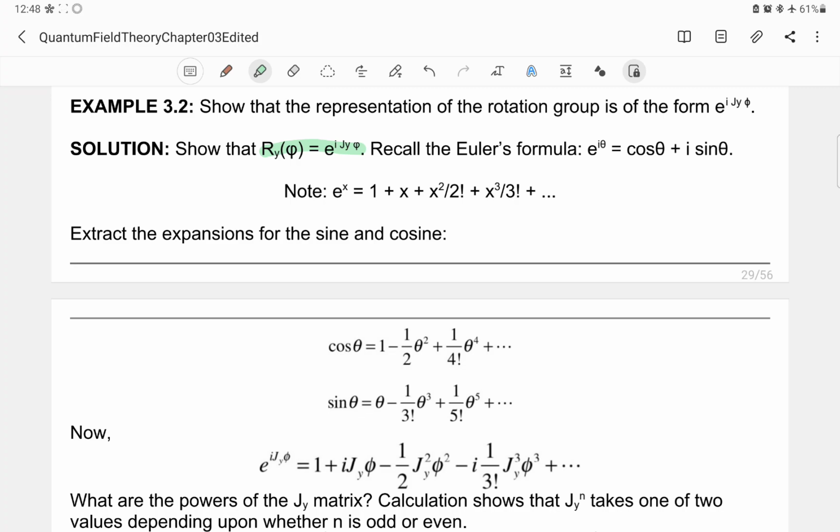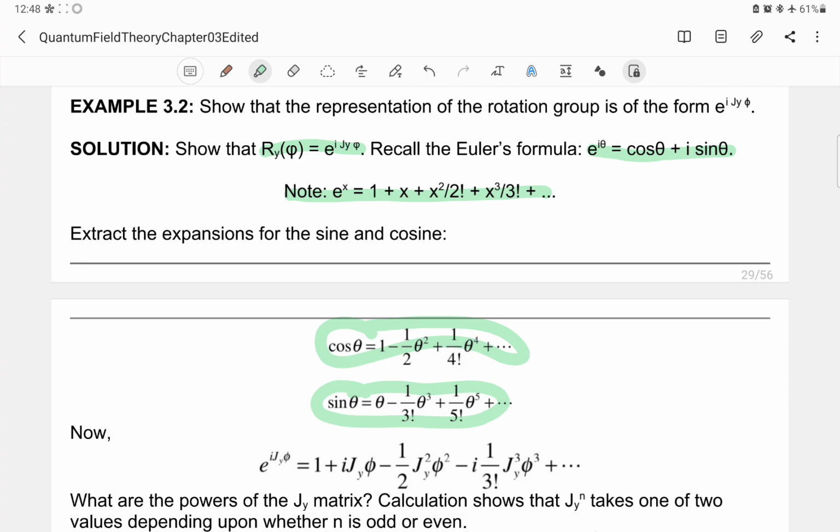So recalling that exponential of i theta is cosine theta plus i sine theta, then noting that exponential of x is given by this expansion, we can extract the sine and cosine functions as cosine given by the sum of the even powers of theta, and sine theta will just be the sum of odd powers of theta.